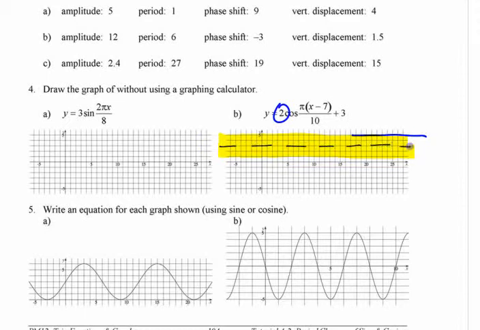If you're trying to graph the thing, from there figure out what the period is, figure out where the starting point is. That's 7. Started at 7 here. It's a cosine curve, so it starts at the top at 7. The period here, this is pi over 10, which is like 2 pi over 20. So then the period is 20.